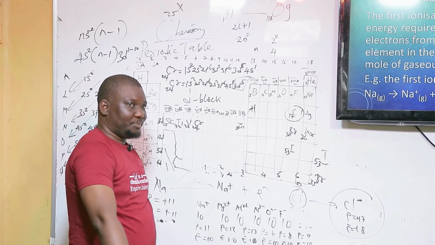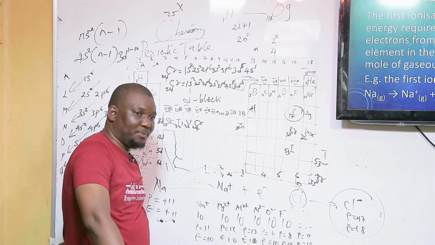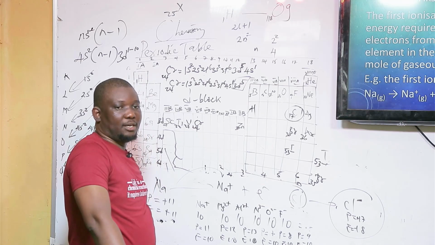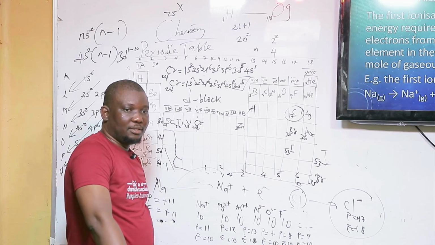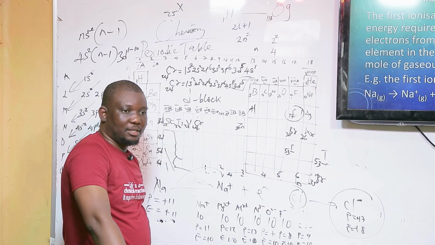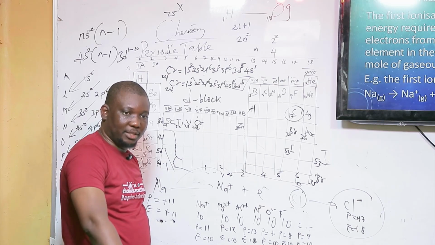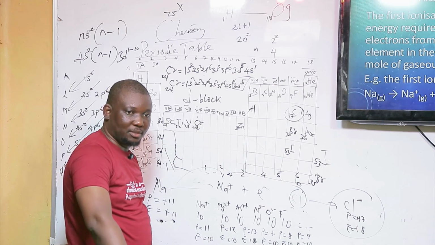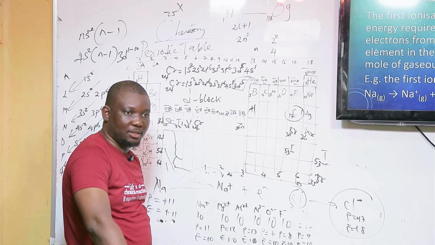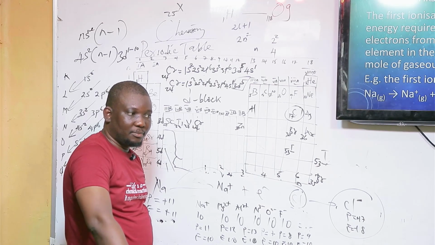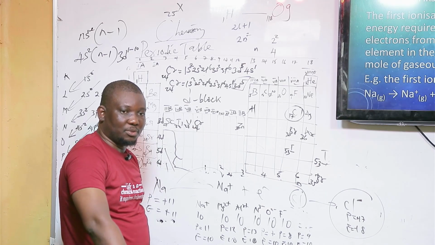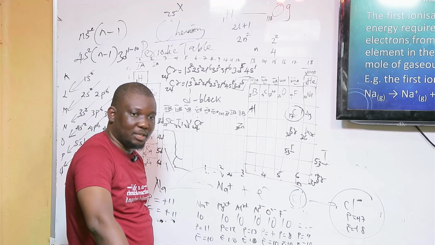Ionization energy. Of course, you know what ionization energy is. Let's look at it without adding first to it. What is ionization energy? Since you are asked to define ionization energy, don't put any more.